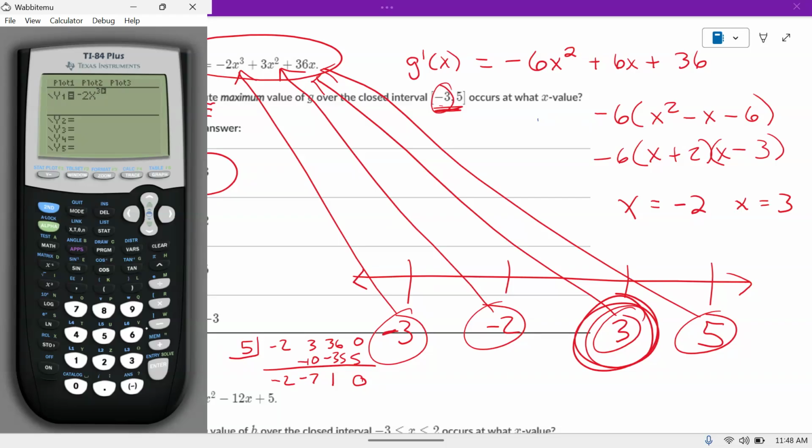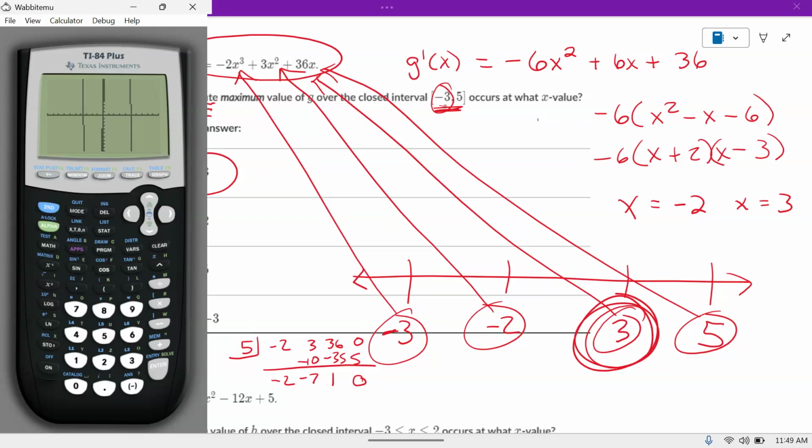Negative 2x to the third plus 3x squared plus 36x. If we graph this, I can't see everything, can I? But I don't need to see everything.